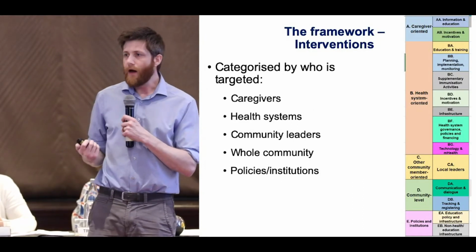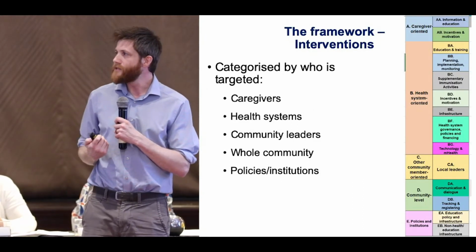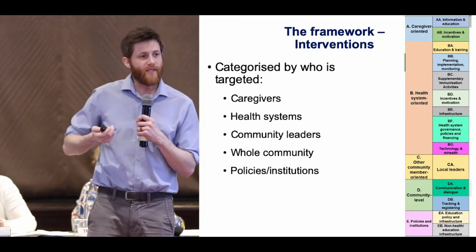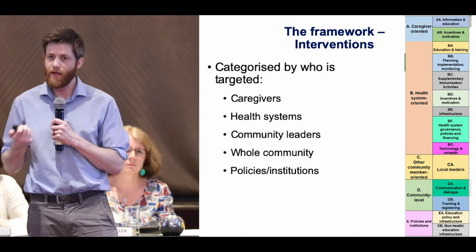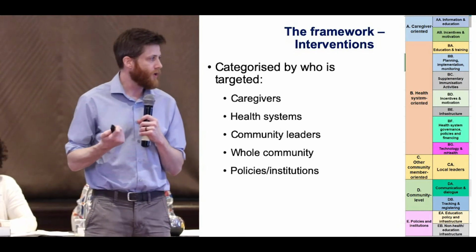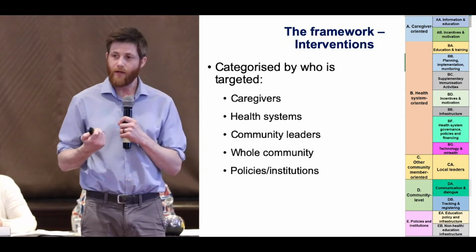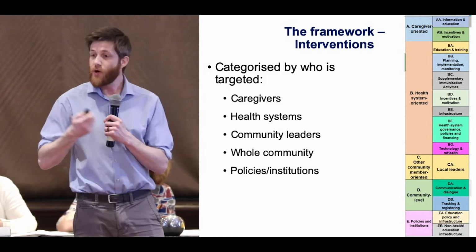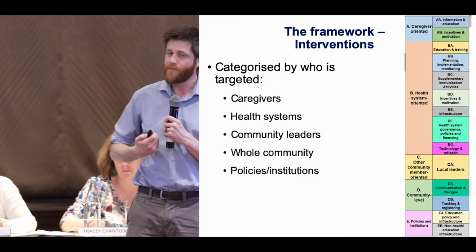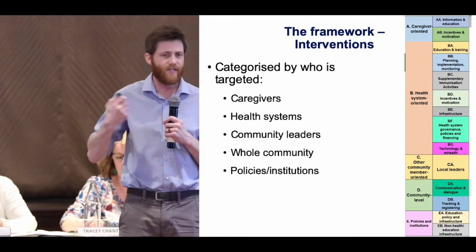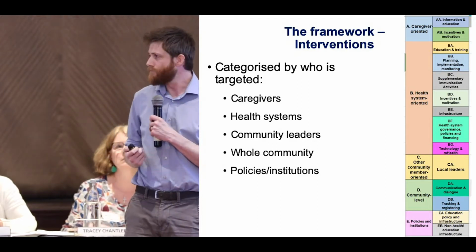So the intervention categories, we grouped them together by who is targeted by them. So we looked at interventions targeting caregivers, targeting health systems, targeting community leaders, targeting the community as a whole, and also things that are at the policy or institutional level.